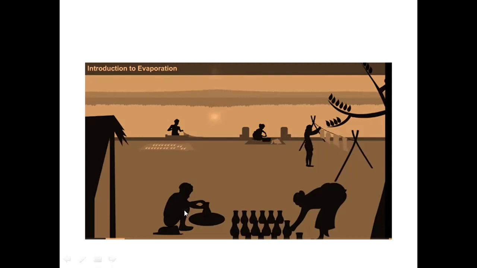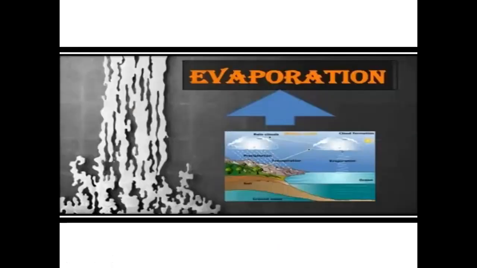Pottery also is there, and potter men and women are busy drying up their articles. The three different activities are under the sun and based on one process which we call evaporation.